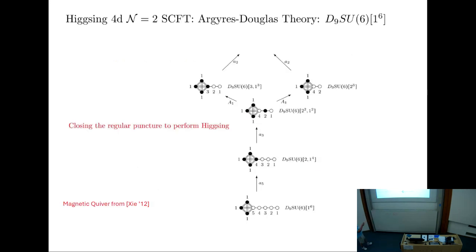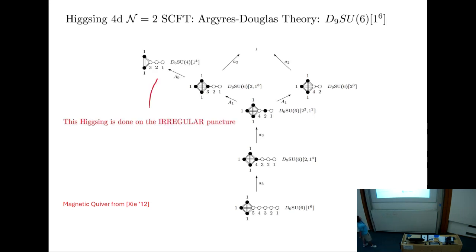And I just want to quickly go through, there's also Argyres-Douglas theories. So here's the Argyres-Douglas theory with the magnetic quiver. We can do all the different kinds of decays, map it back to other Argyres-Douglas theories. Everything's nice and easy. And something funny happens over here.